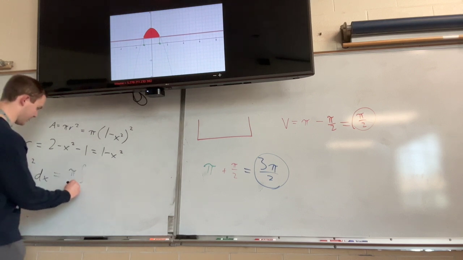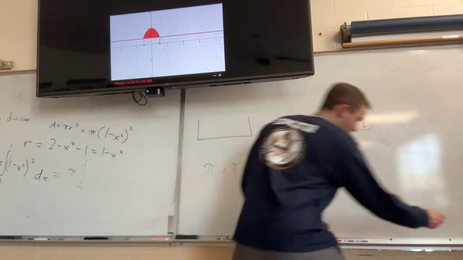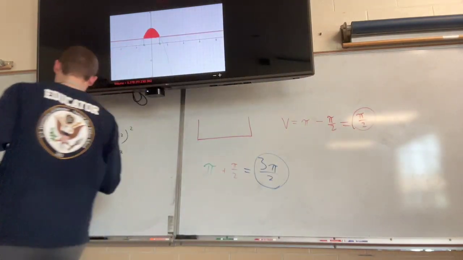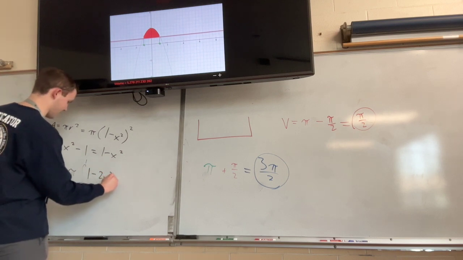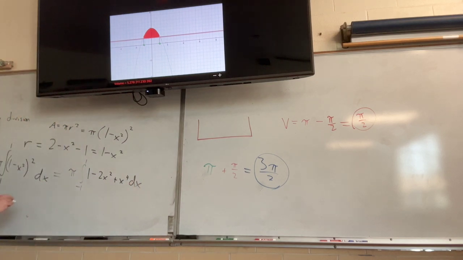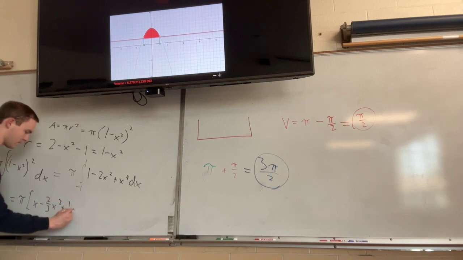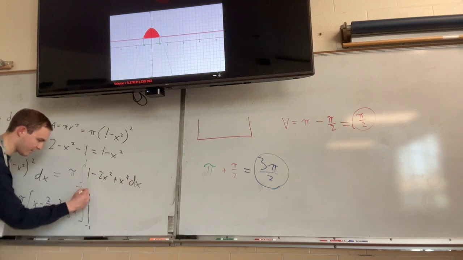Pi times the integral from -1 to 1 of 1 minus 2x squared plus x to the 4th dx. That's pi times x minus 2/3 x cubed plus 1/5 x to the 5th, from x equals -1 to 1.